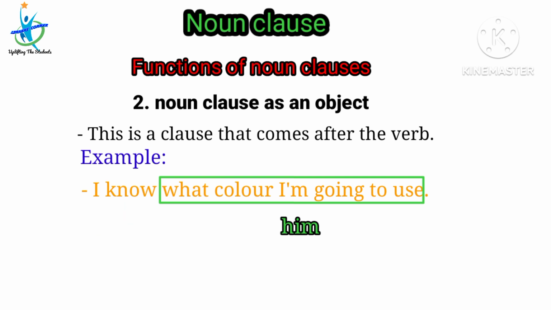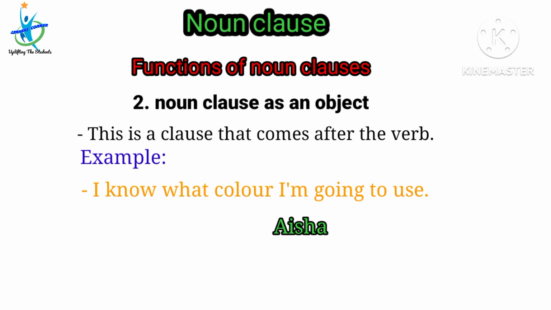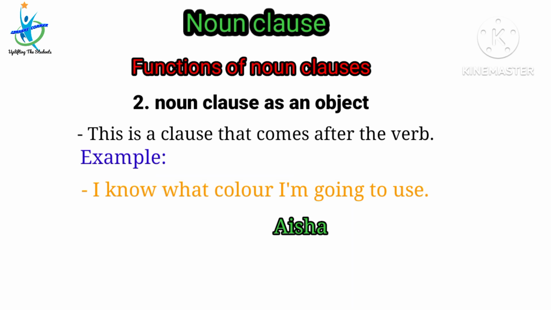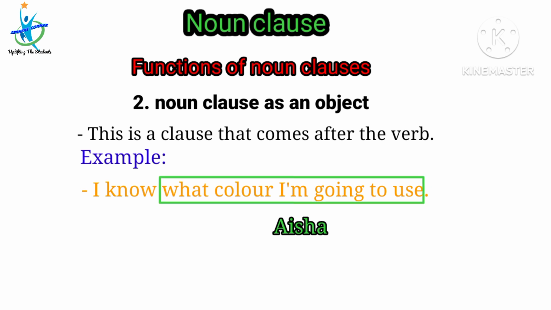If you want to replace it with a noun, you can say I know Aisha. Therefore, Aisha replaces what color I'm going to use. So this is how you are going to identify a noun clause in a sentence. Make sure you can use either a pronoun or a noun to replace a noun clause.